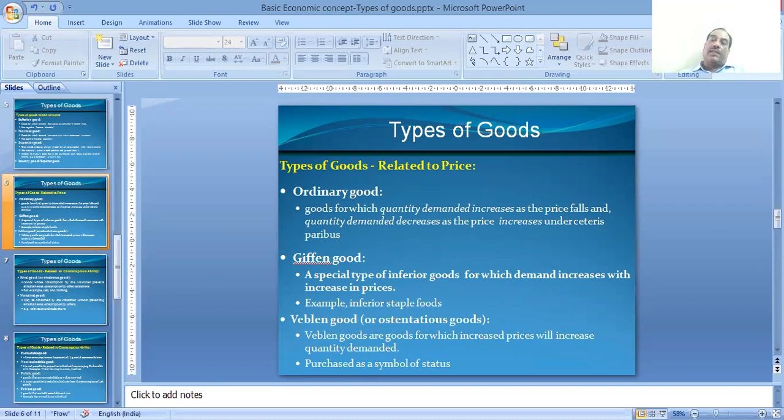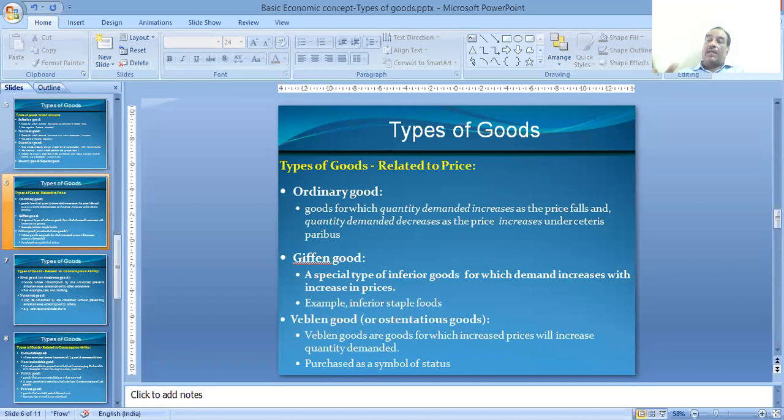The law of demand says that when the price is more, demand will fall, and when the price is less, the demand will rise. But here, despite being an inferior good, a good of inferior quality in comparison to others, its demand increases with an increase in its price.